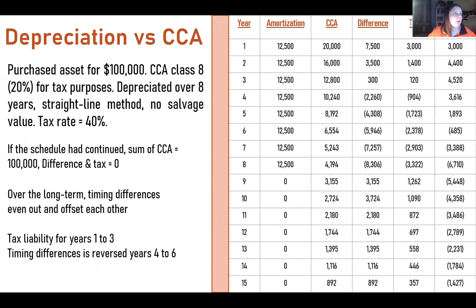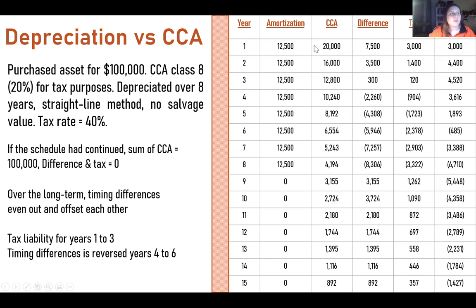So your first year, if you do $100,000 divided by 8, in your books you're going to have recorded a depreciation expense of $12,500. In your tax return, you're going to have reduced the $100,000 by 20%. So it's going to be $100,000 times 20%, so $20,000.